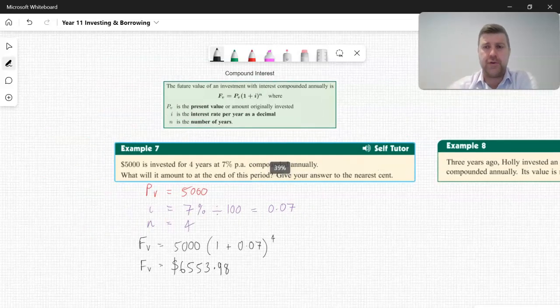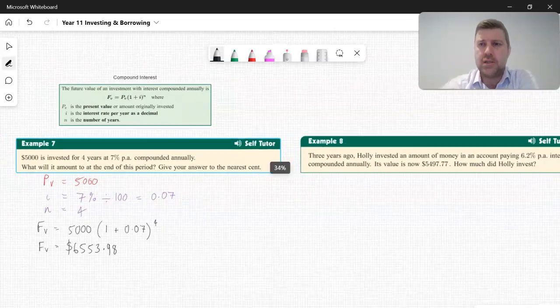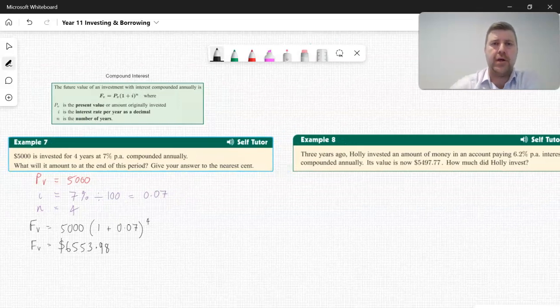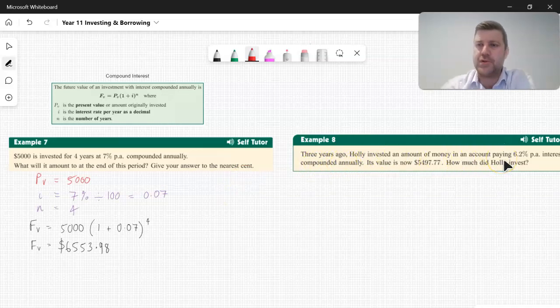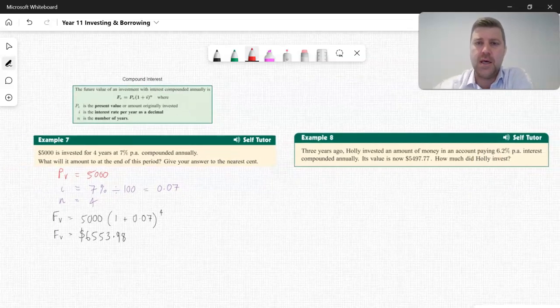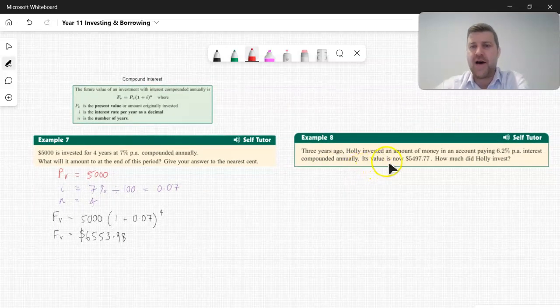The last example I'll go through today is doing a little bit of backtracking. In this example, it says 3 years ago, Holly invested an amount of money in an account paying 6.2% per annum interest, which was compounded annually. Its value is now $5,497.77. How much did Holly invest? So what we do know is the future value, the interest rate, and that it was 3 years.